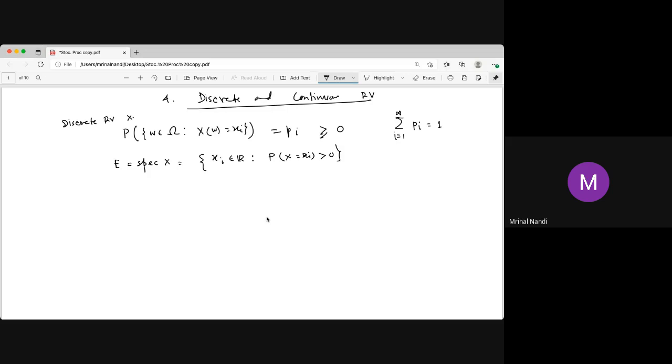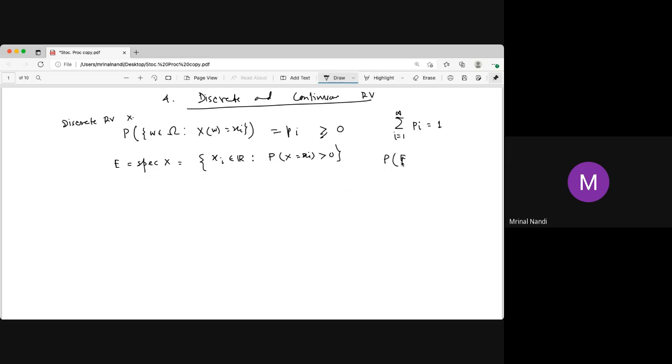But since all the values are non-negative, if you rearrange the pi's the series converges to the same sum. So there is no first term or second term here. The sum must be 1, that is the condition, and the total probability must be 1.